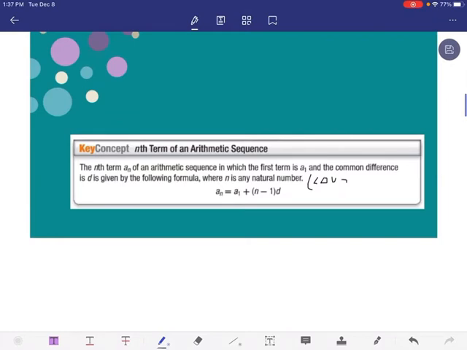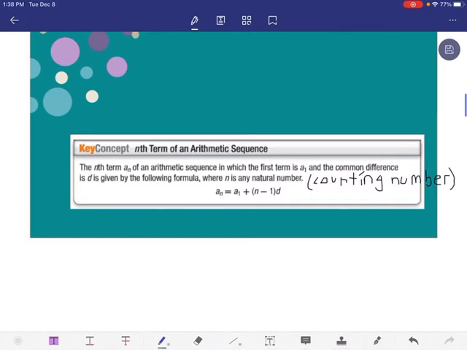A natural number is just a counting number. So 1, 2, 3, 4, and 5. We can find it using the formula a sub n equals a sub 1 plus n minus 1 times d.